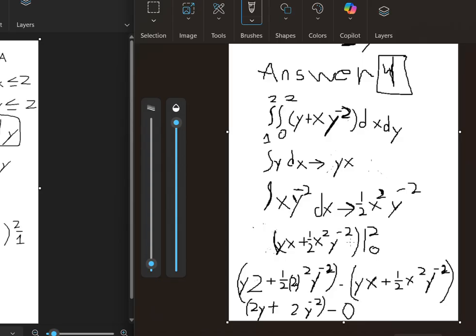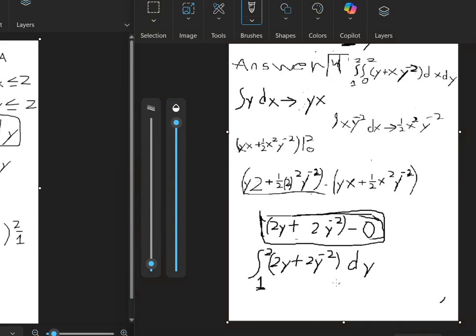And this is, the X is done. So right now we're at the antiderivative from 1 to 2 of (2Y plus 2Y to the -2 power) dy. We don't need to include the 0 because it's not really needed.